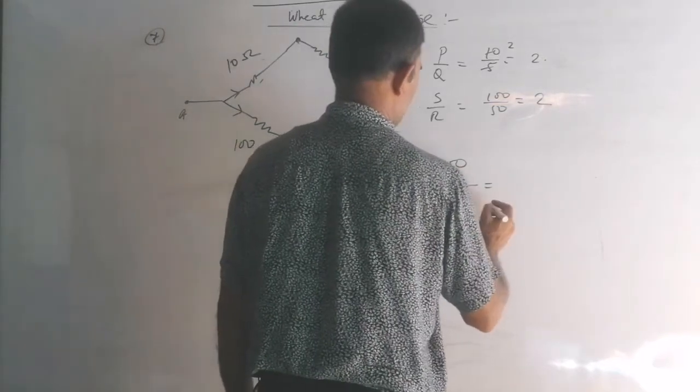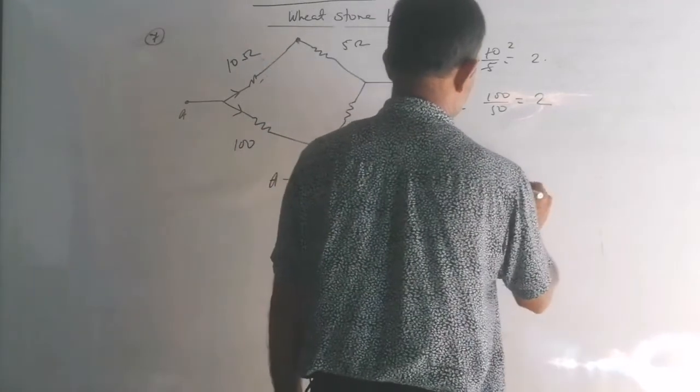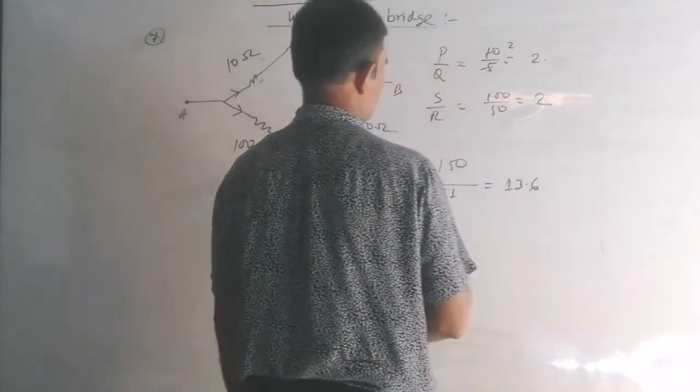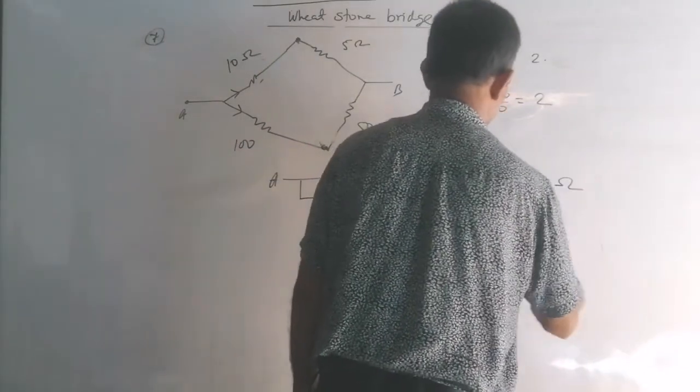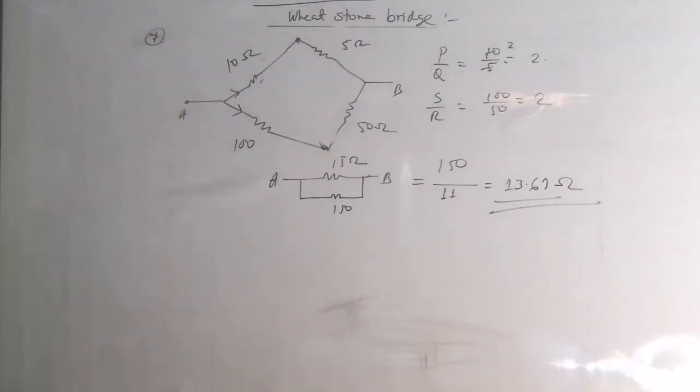Now divide: 150 by 11 gives nearly 13.63 ohm.